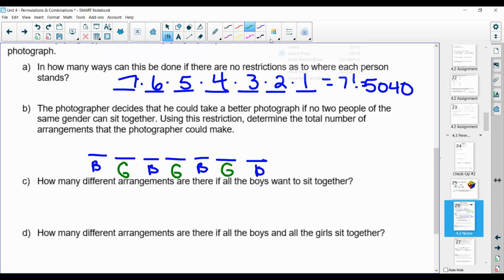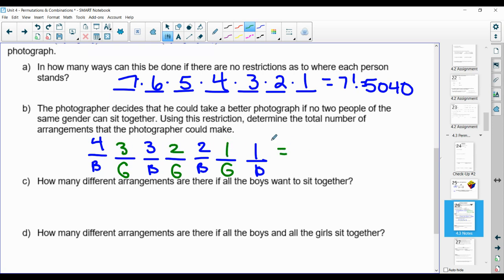Using the fundamental counting principle, for the boys we have 4 choices, then 3, then 2, and then 1. And for the girls, we have 3 choices, 2 choices, and 1 choice.